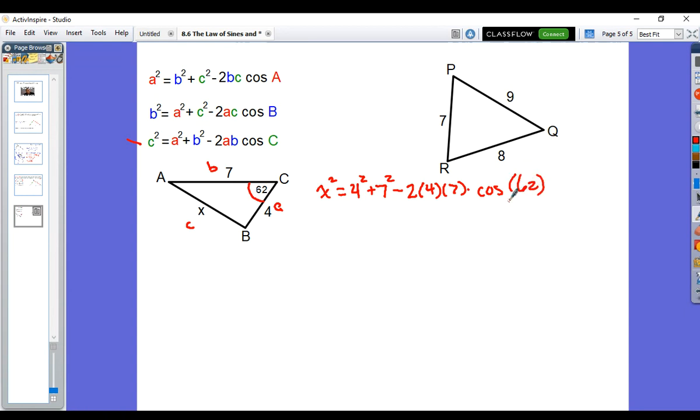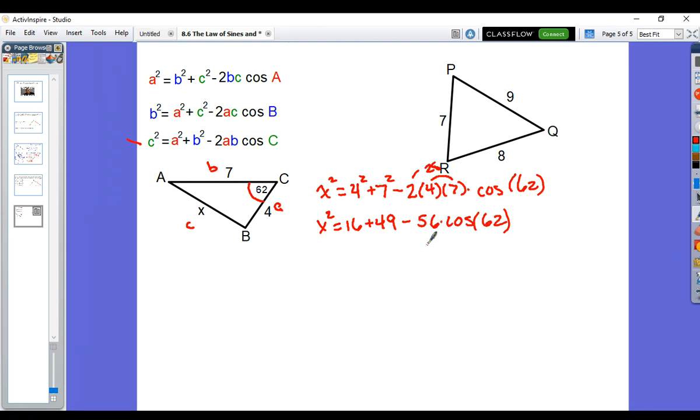Let's simplify this. x squared will stay as x squared. 4 squared will be 16. 7 squared will be 49. And then 7 times 4 is 28, and then times 2 gives us 56 cosine of 62. Now understand right here, this is 56 times cosine of 62.